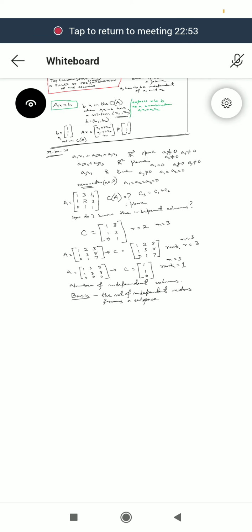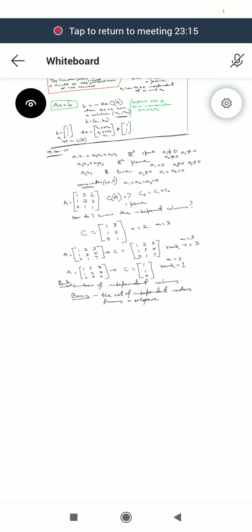Okay, so coming back to this rank, rank is the number of independent columns.